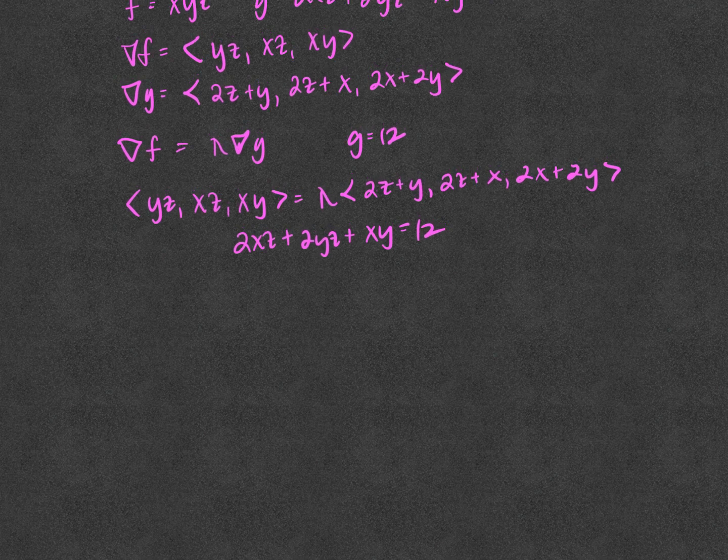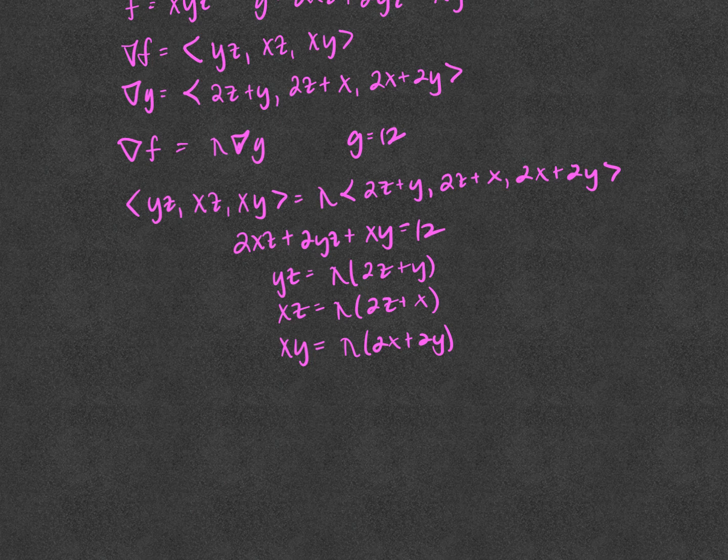Now we're going to write our equations component-wise. We have yz equal to lambda times 2z plus y, xz equal to lambda times 2z plus x, and xy equal to lambda times 2x plus 2y. If you look at these, they really don't share a whole lot. You could solve for z in the first one, but let's do it a little differently.